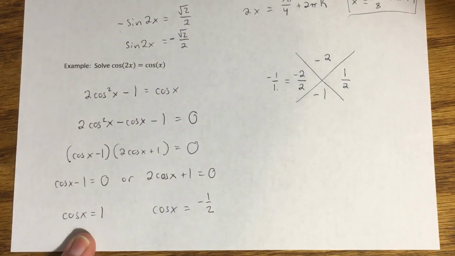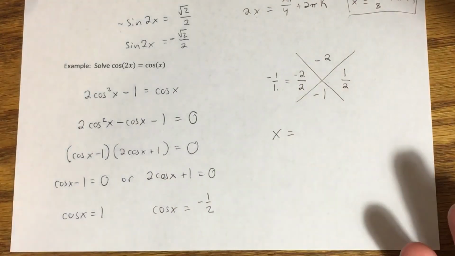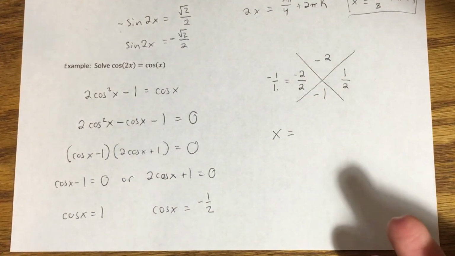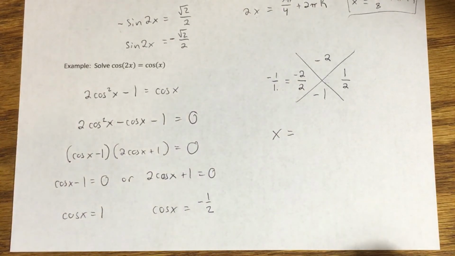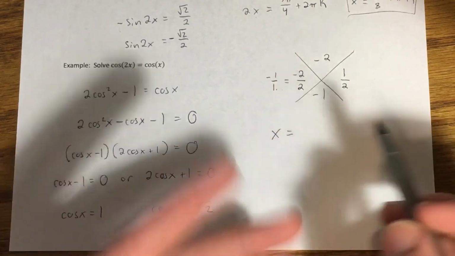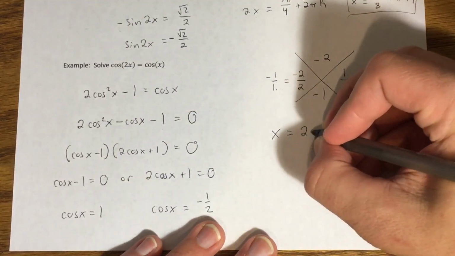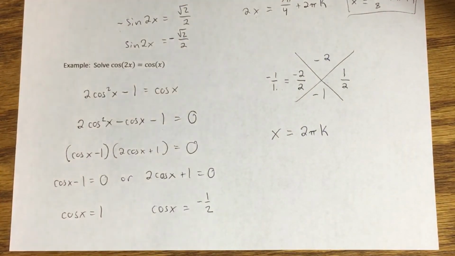So cosine of x is equal to 1 in only one place, x equals 0, right? But then I also add a 2 pi k to that because we're looking for general solutions. And I don't want to write 0 plus 2 pi k because the 0 is unnecessary. If I just write 2 pi k, that's the same thing. Adding a 0 doesn't change it.